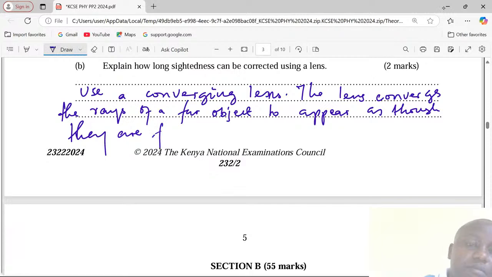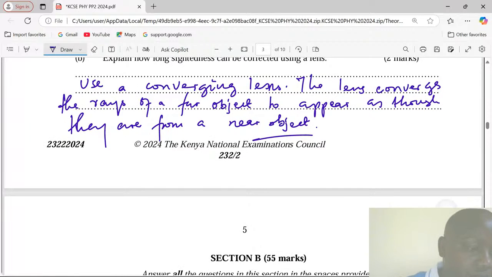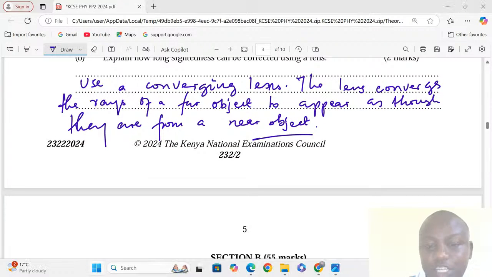So that is it. We'll be continuing with this paper, section 2.